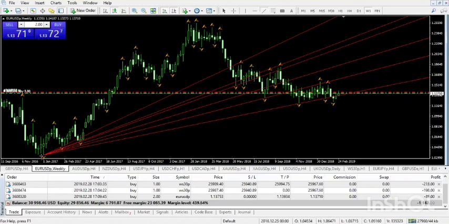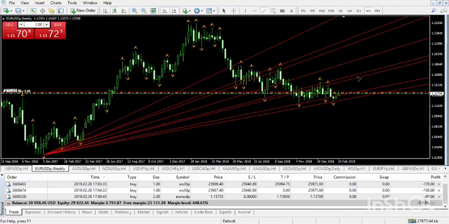No, just the shadows. This is the ascending GAN, and we also have descending one. You have to draw both of them.